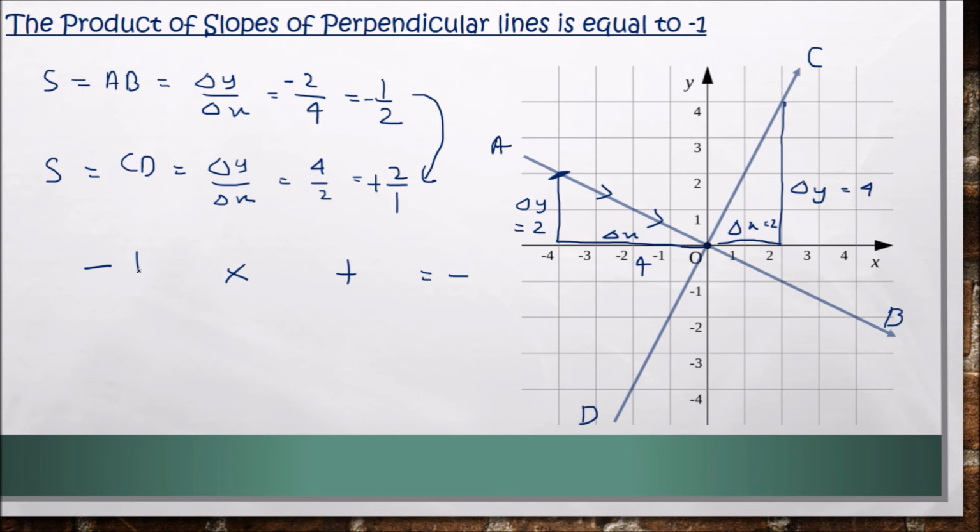So let's write -1/2 times plus 2/1. -1 times plus 2 will be -2, divided by 2 times 1, which is 2, is equal to -1/1, equal to -1. Simple as that. One more time, why is the slope of perpendicular lines equal to -1? Because minus times plus will be minus, and reciprocal fractions when multiplied together are always equal to 1.